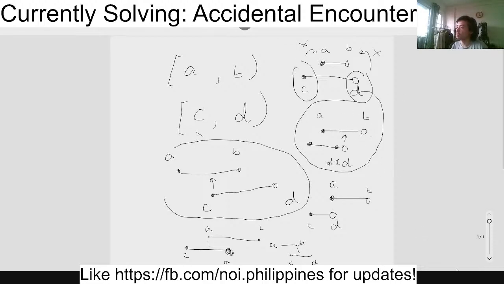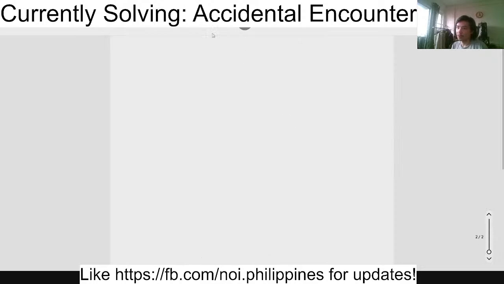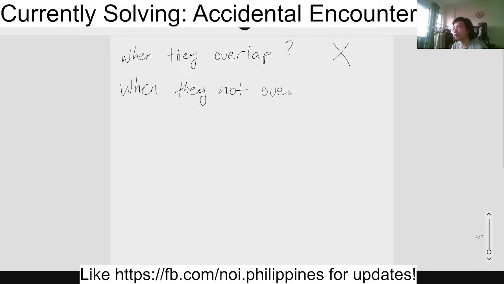Instead of thinking about when do they overlap, it's actually easier to think about the opposite condition. When do they not overlap? What does it look like when they do not overlap?